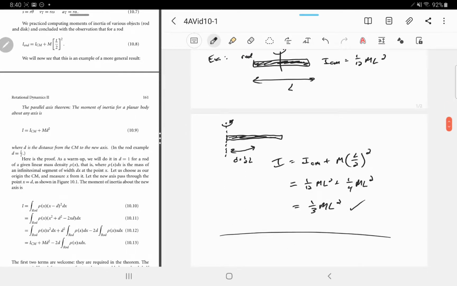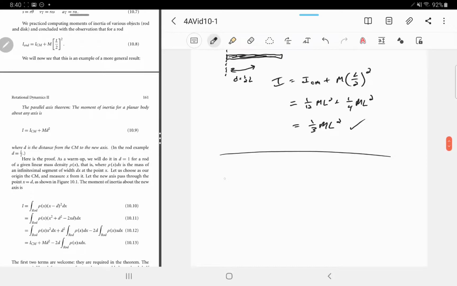But you can see how powerful the parallel axis theorem is, because we didn't have to choose a point on the end. We could have chosen a point that's right here. Say we chose an axis that was L over 4 away from an end, so 3/4 L from the other. Then you would have I as I_CM. You have to start with the center of mass one.